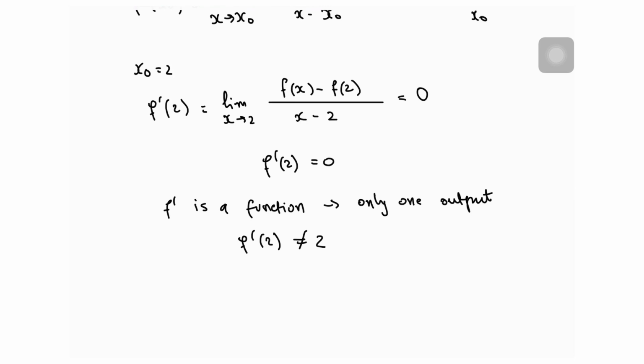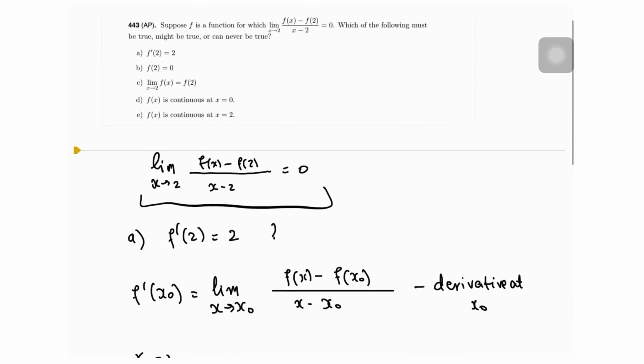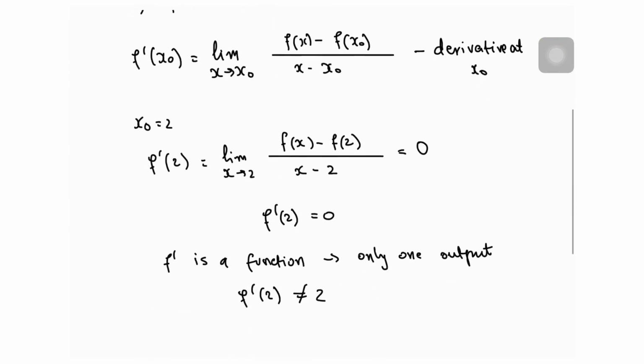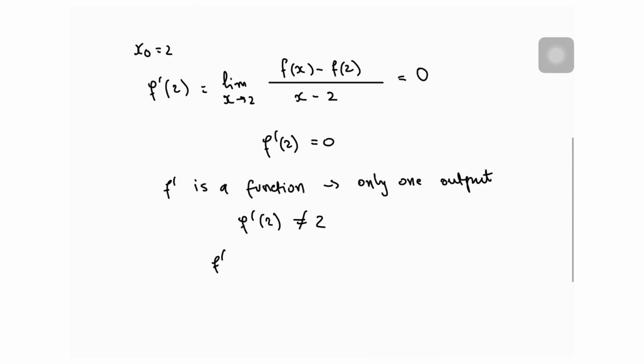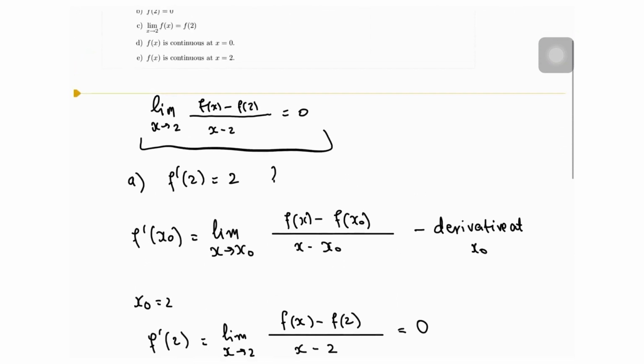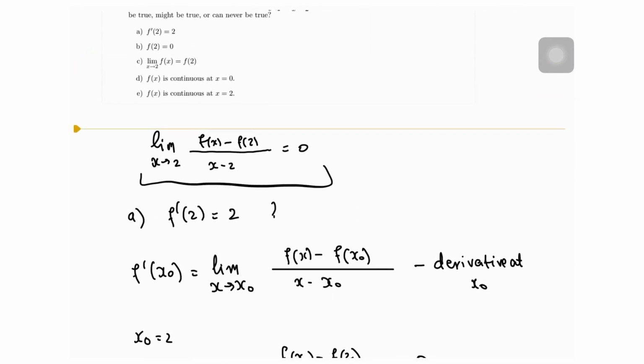So for a, we can conclude that it's wrong, it can never be true. So f prime of 2 equals 2 can never be true. Okay, so that's A.